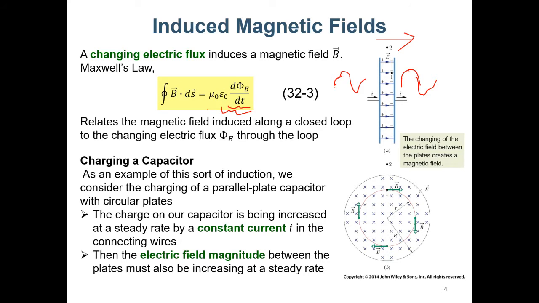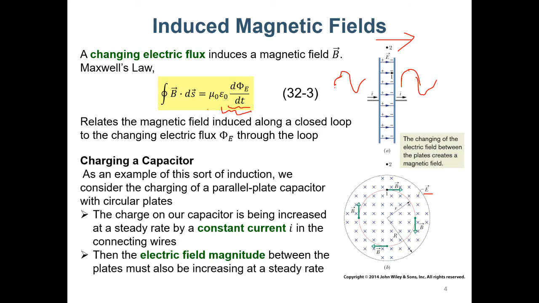And this one tells you that as long as there is some E field changing going into the page, you can imagine this is a circular plate capacitor, and this is a cross section.